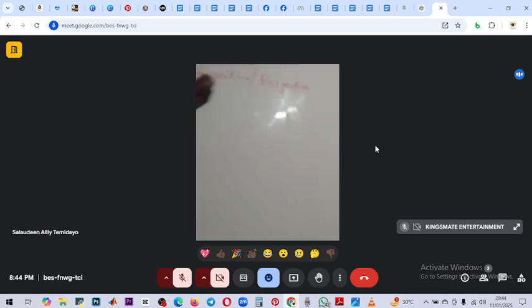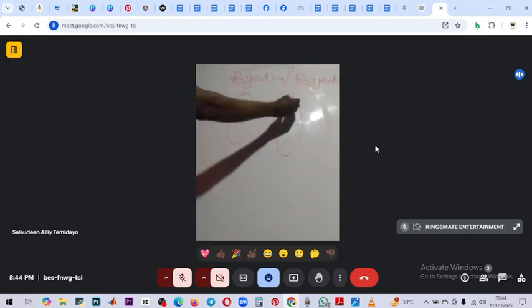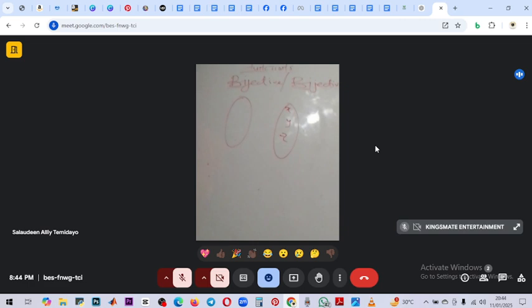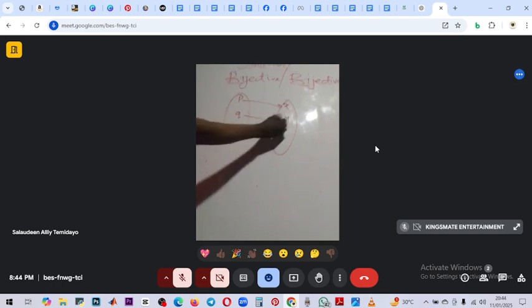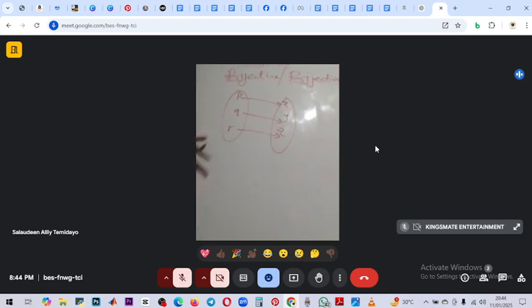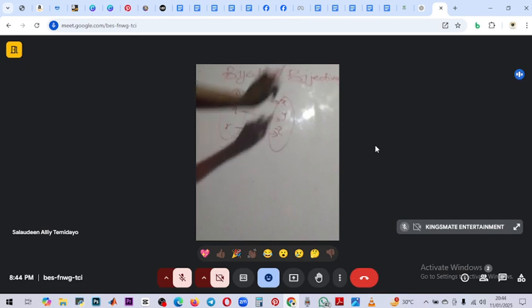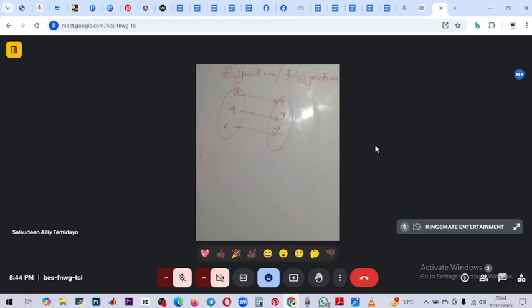It carries both of them. It is one-to-one, and at the same time, it is onto. Onto means all elements here must be filled. One-to-one means it goes to one element. So P, Q, R. Look at this. They are one-to-one, one-to-one, one-to-one, and all elements are filled. So it is a bijective function.